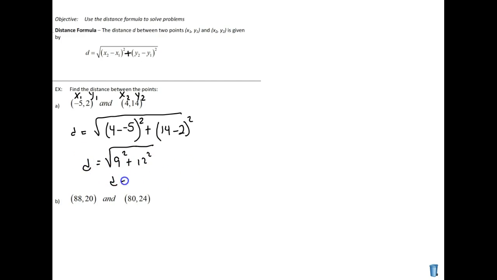So the distance equals the square root of 81 plus 144. 81 and 144 together make 225, so the distance equals the square root of 225, which is, of course, 15.